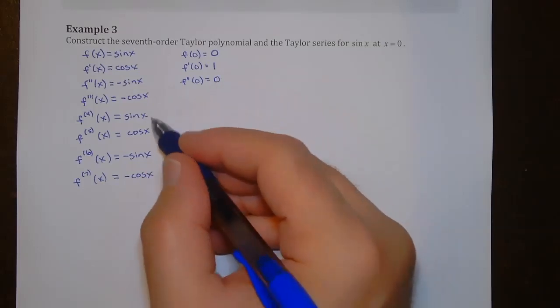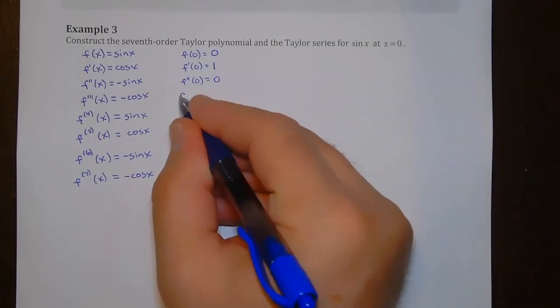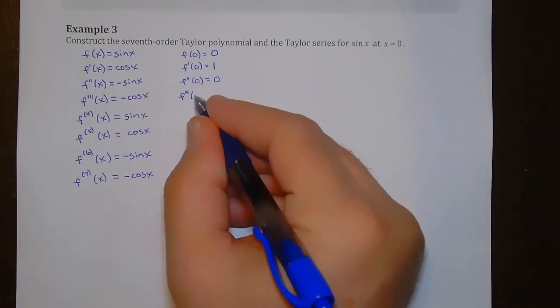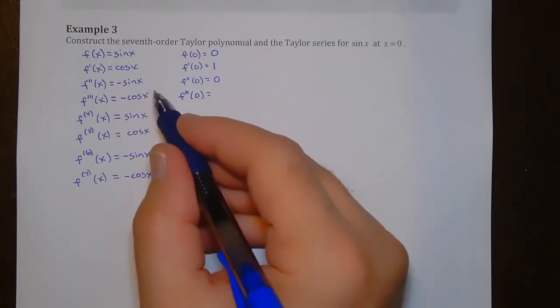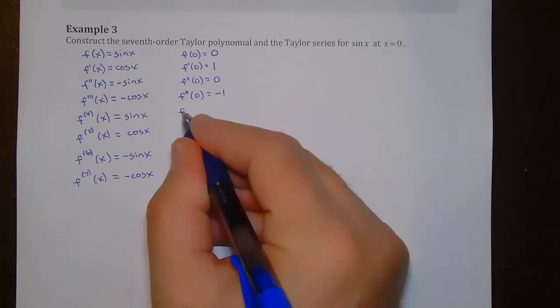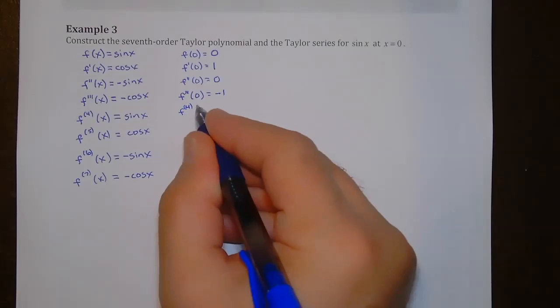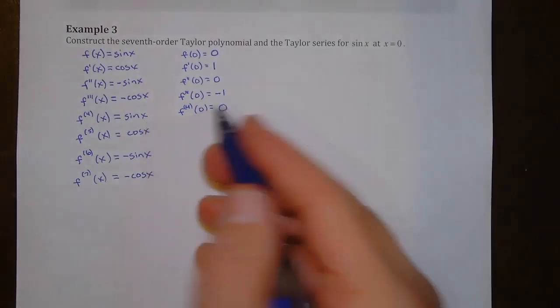And do you realize every time it's going to be sine, it's going to equal 0, okay? And then the third derivative at 0, that'd be negative cosine of 0. Cosine of 0 is 1, so that's going to wind up being negative 1. And then the fourth derivative at 0 would be 0, because sine of 0 is 0.